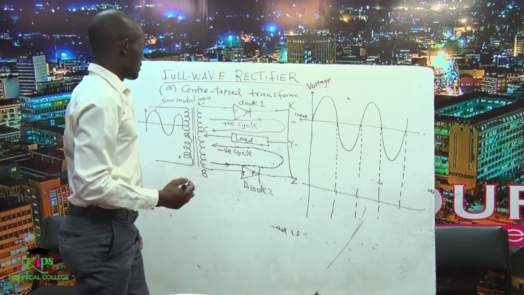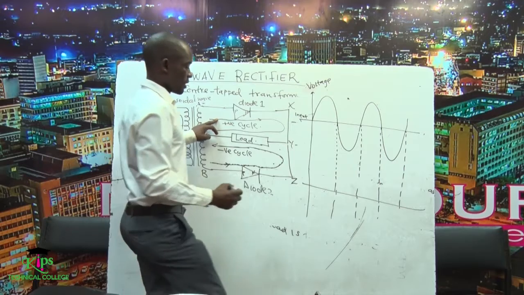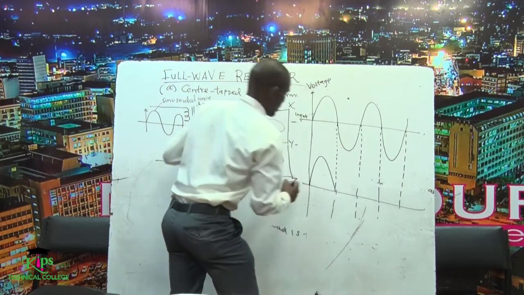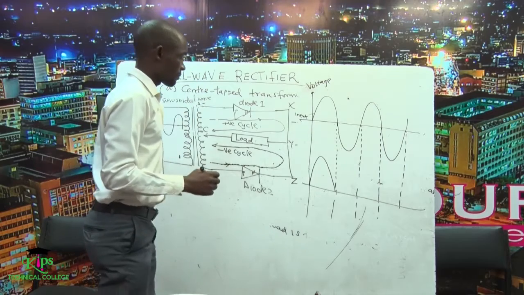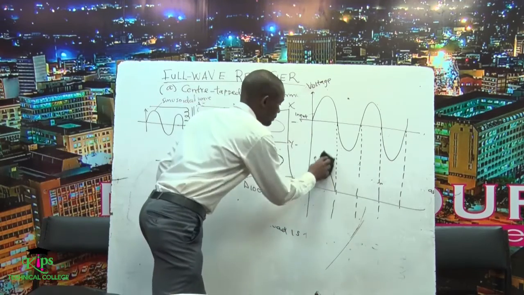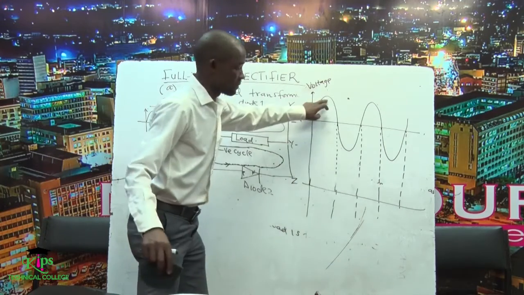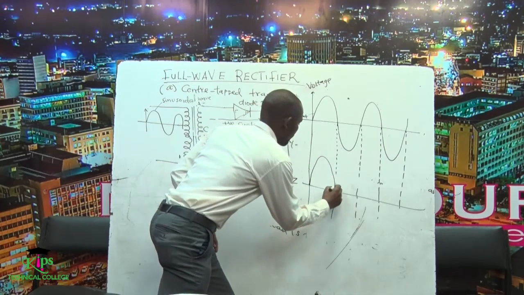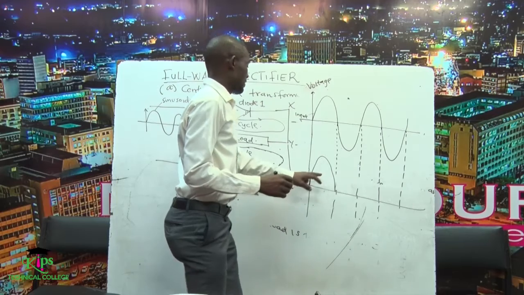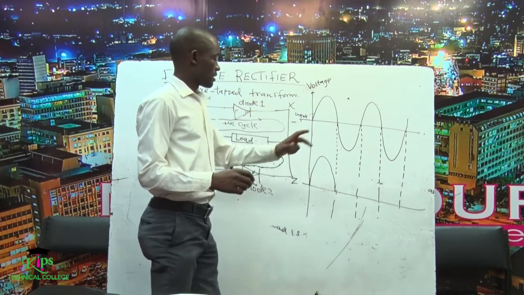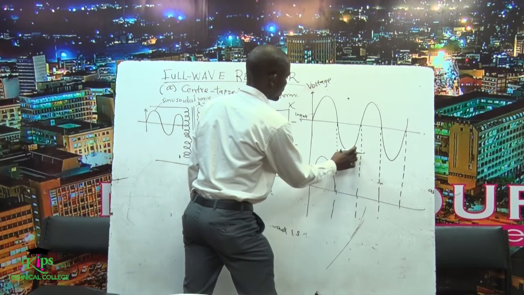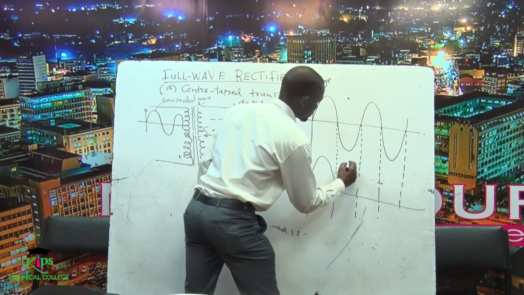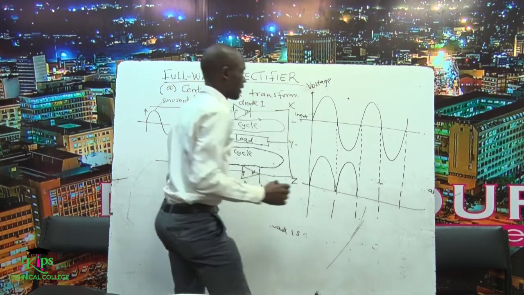We have said during the positive cycle, the load will receive some power, so the same shape will be maintained, like that. During the negative cycle, the load also receives some power. So instead of drawing it at the lower level, we also draw it at this point, like that.